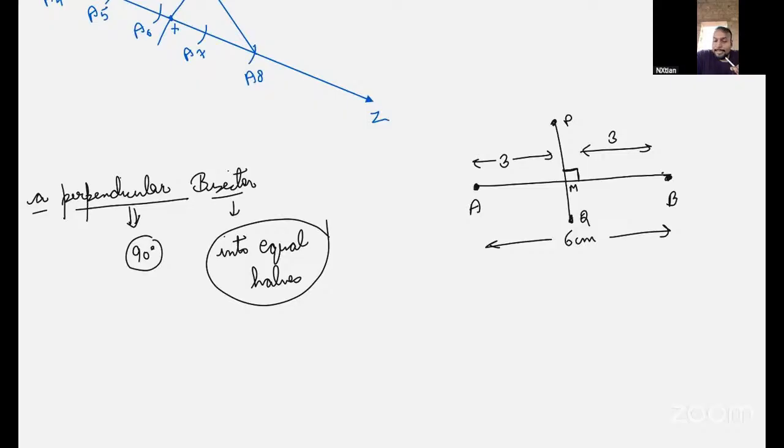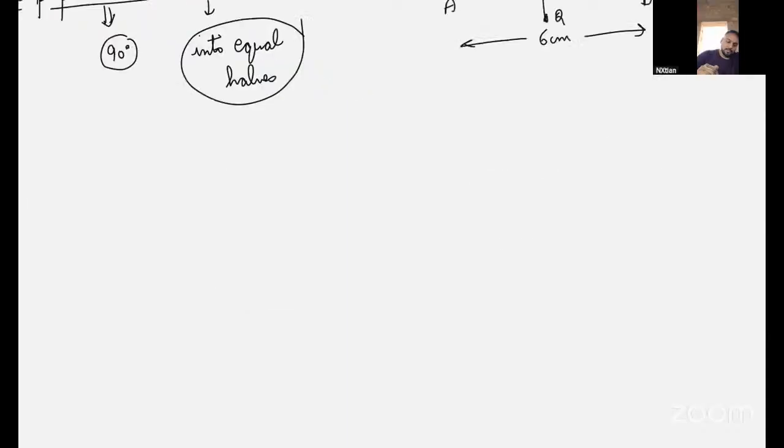Perpendicular means 90 degree. Agatha, Christina, understood? Say yes or no. Yes, sir. Okay, perfect. So now how will you solve this?